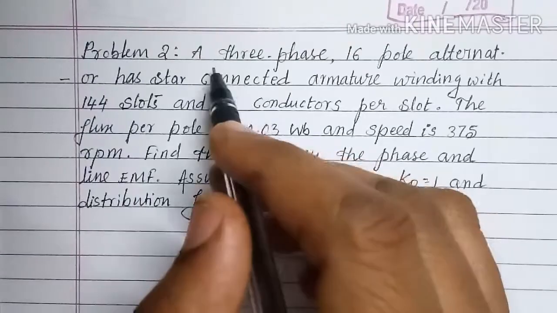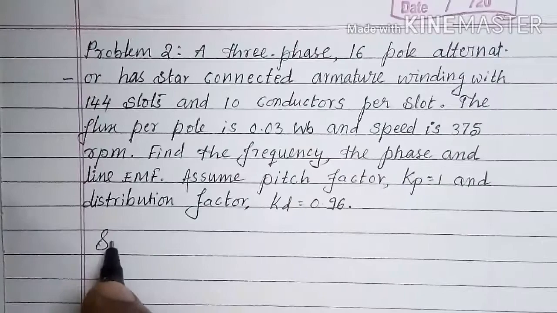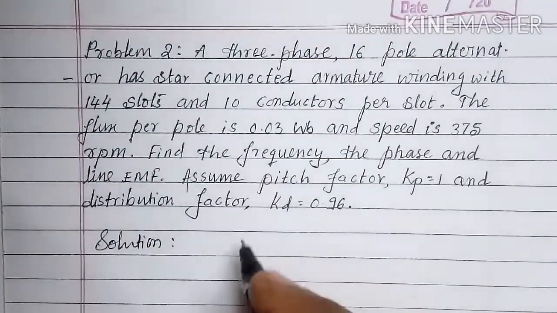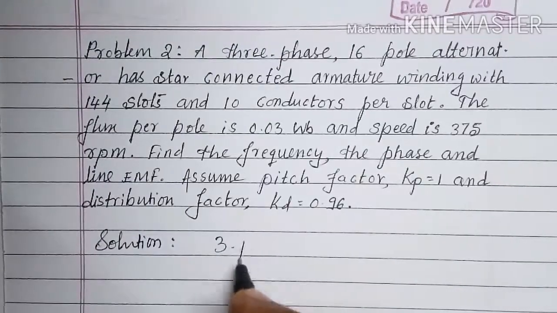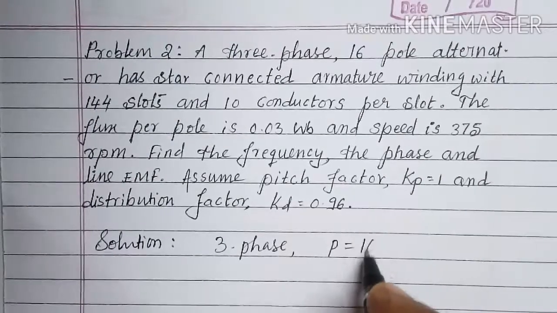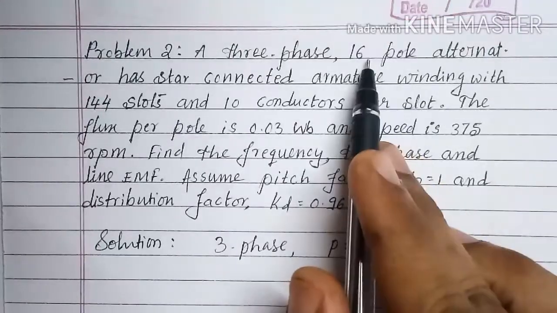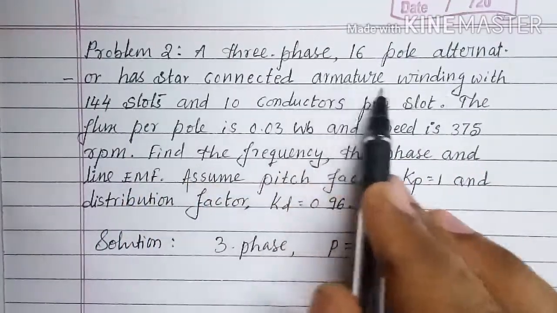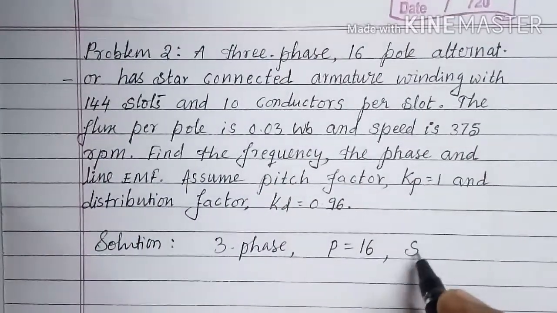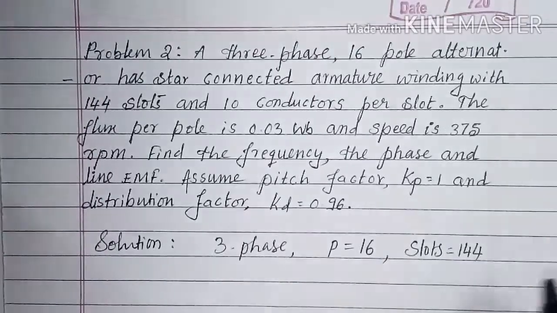In this problem number 2, a 3-phase 16-pole alternator has star connected armature winding with 144 slots.